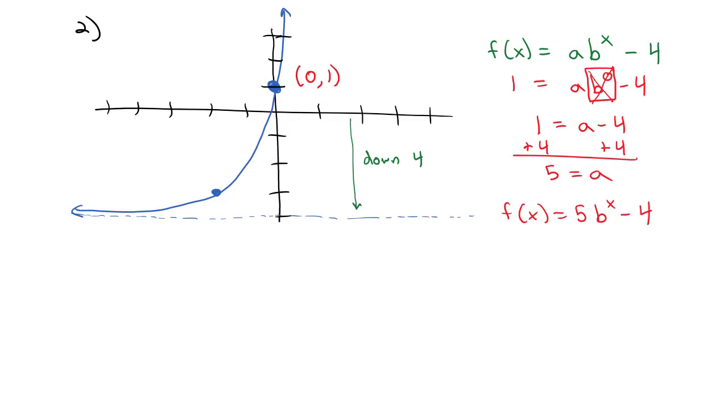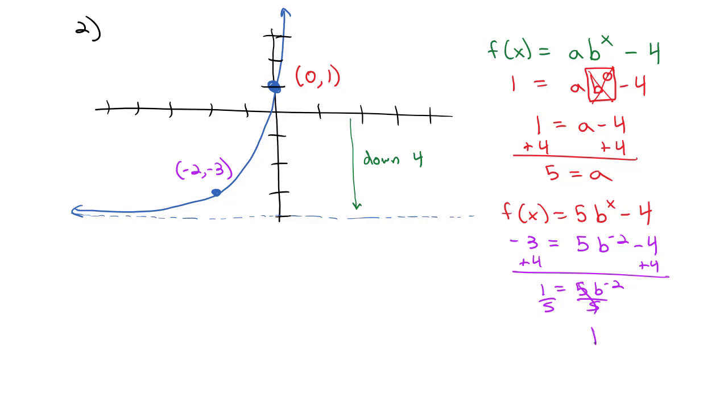We're getting closer to finding our actual function. Well, now we have this other point at -2, -3. So if we plug -3 in for the answer, and -2 in for the x, we can try and solve what we end up with. Add 4 to both sides. 1 equals 5 times b to the -2.